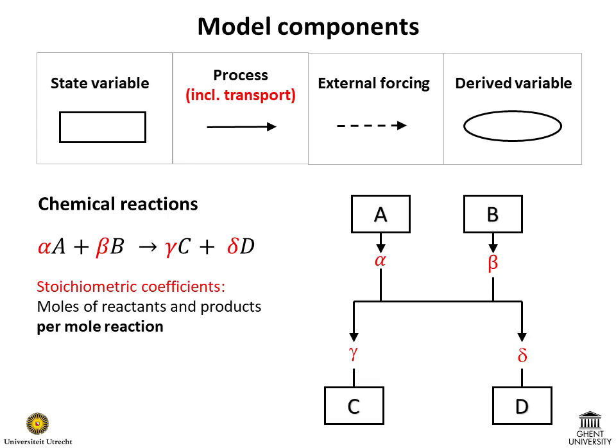This reaction can be represented in a schematic diagram shown on the right. Here, the solid line represents the process, so the reaction, and the Greek letters indicate the stoichiometric coefficients.